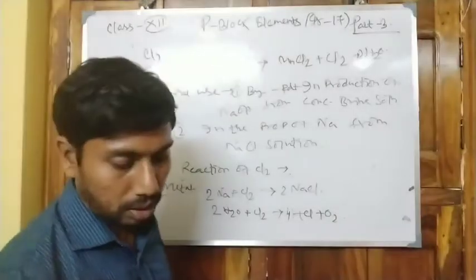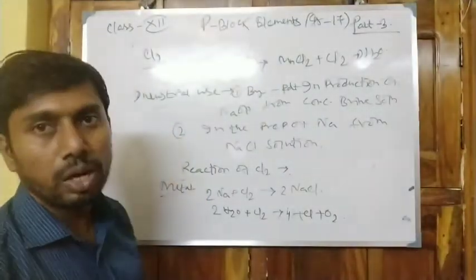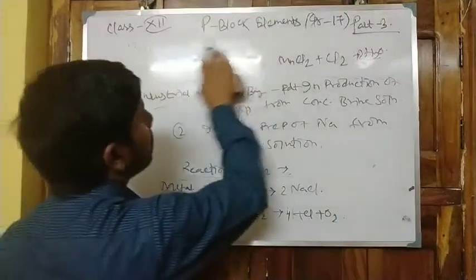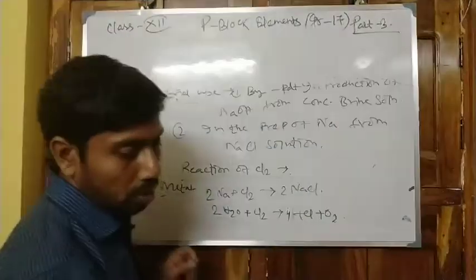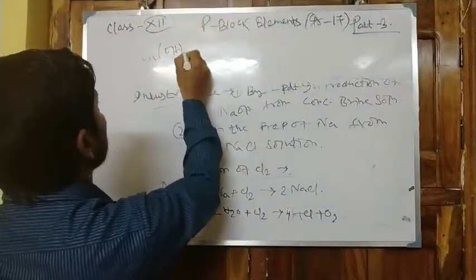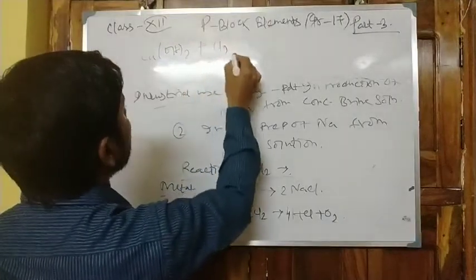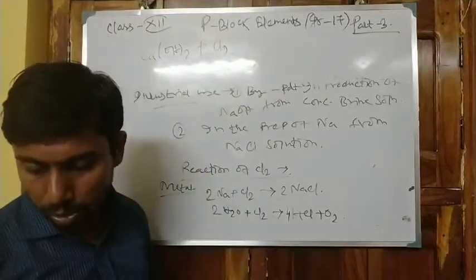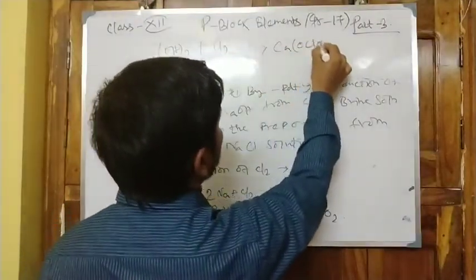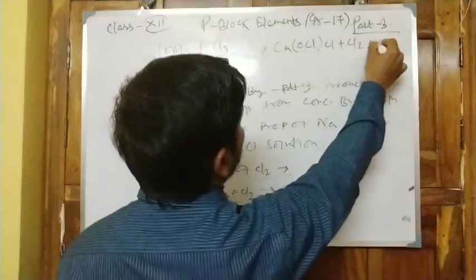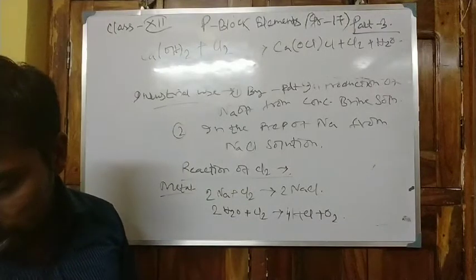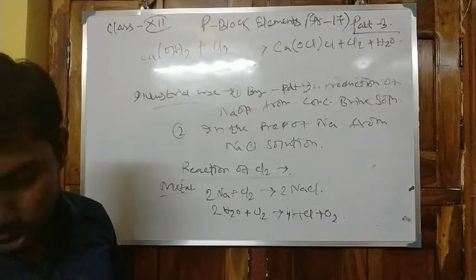Next one is a very important reaction, the production of bleaching powder or calcium oxychloride. The formula is CaOCl2. When calcium hydroxide reacts with chlorine, it will produce calcium oxychloride, CaOCl2, plus CaCl2 plus H2O.